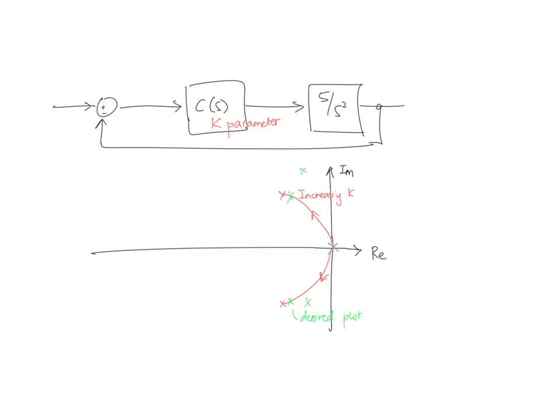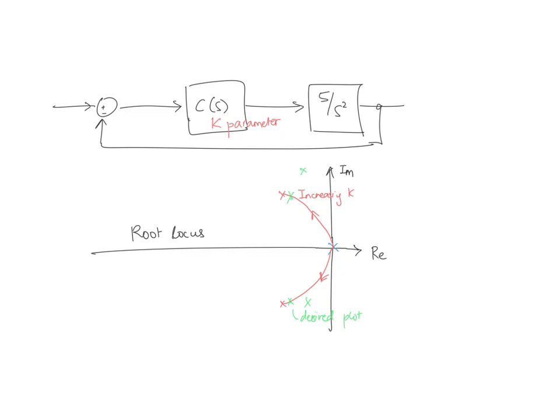This kind of plot is called a root locus. MATLAB can plot it very easily, and I'm not going to spend too much time talking about how to plot that, but it's a very useful tool to design or tune certain parameters if you know where your desired eigenvalues are. So that's one benefit of this visualization.